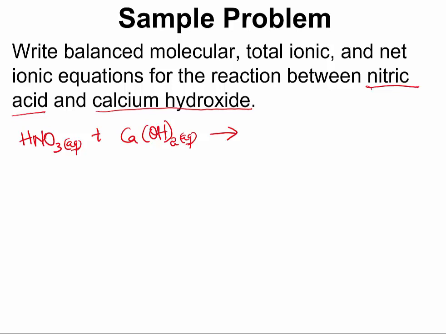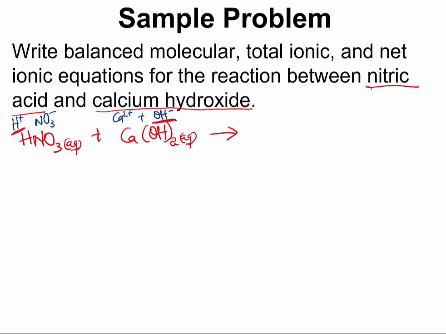Nitric acid would split apart into H plus and NO3 minus in aqueous solution. Calcium hydroxide will split apart into Ca2 plus and OH minus in aqueous solution. If you're asking why is calcium plus 2, calcium is from group 2A. If a double displacement reaction takes place, the positively charged ion on the first compound will combine with the negatively charged ion in the second compound.